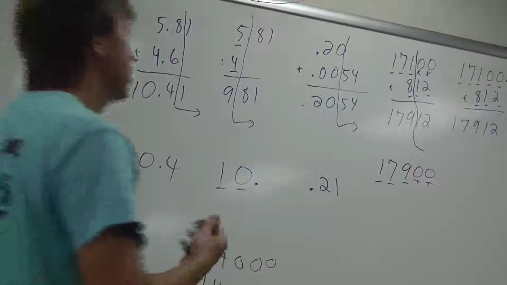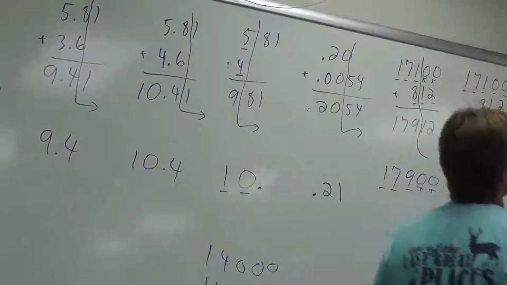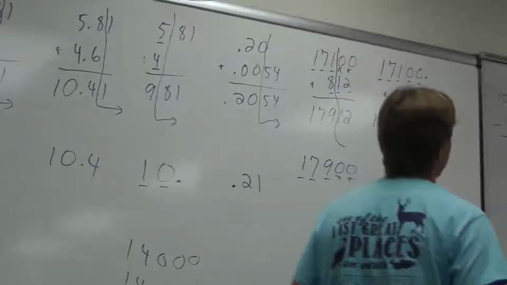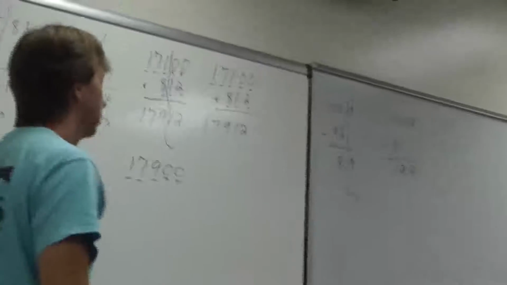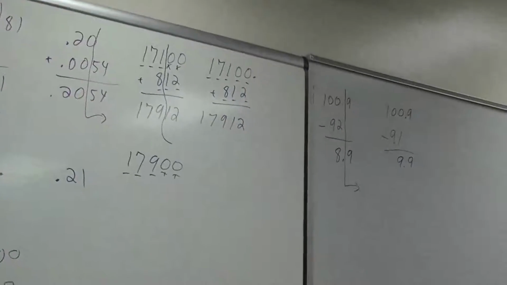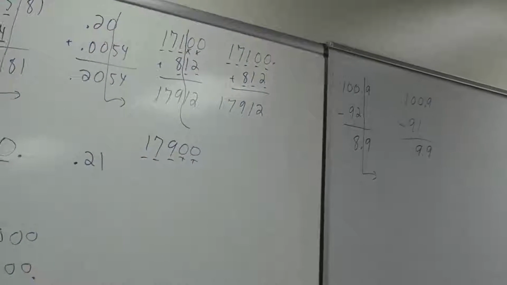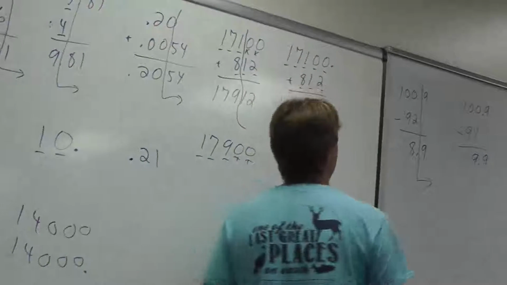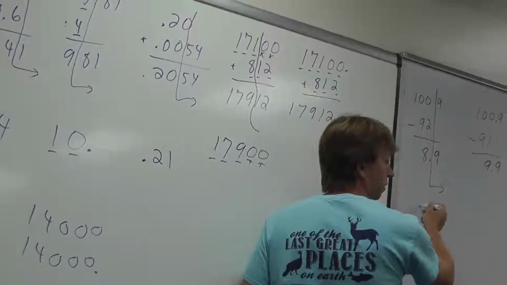All right, last two, these are subtraction. This one would have to be cut at the ones place. We can't keep the decimal because the 92 doesn't have any decimals. You're between 8 and 9, closer to 9. Proper answer is 9.